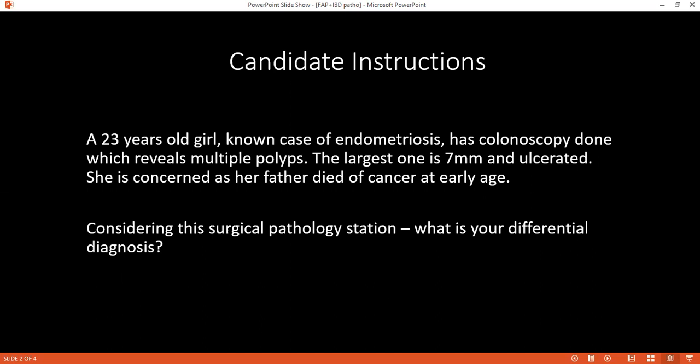The neoplastic polyps are the adenomatous polyps, while the non-neoplastic polyps are the inflammatory polyps, hyperplastic polyps, the hamartomatous polyps, and sessile serrated polyps. Out of all these polyps, which one is most likely to cause malignancy?